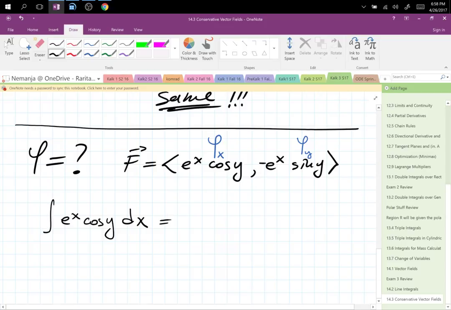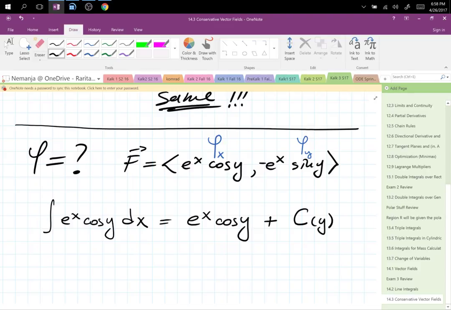So if I integrate this with respect to x, I get e to the x cosine y plus a constant in terms of y. Now, this is new in your life. So far, when you integrated, you always put plus c because that was supposed to be some kind of number.